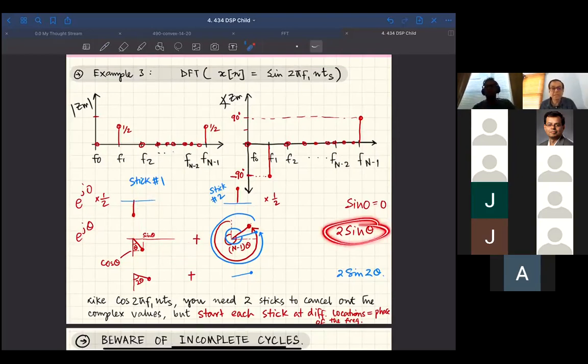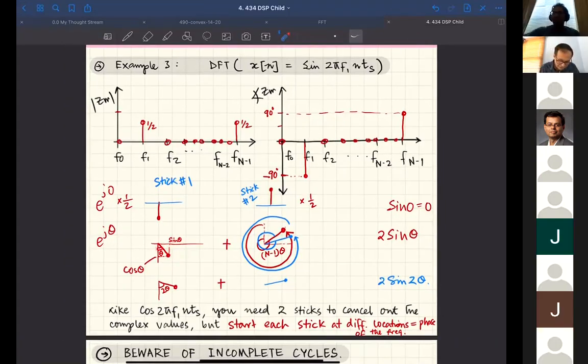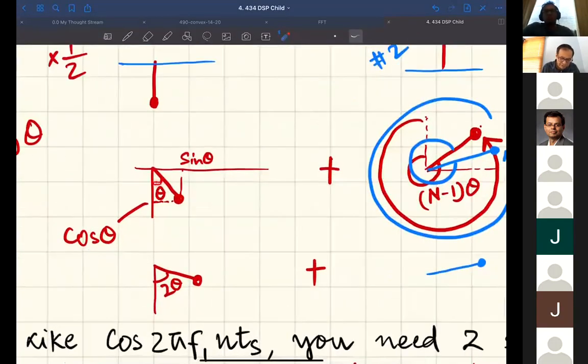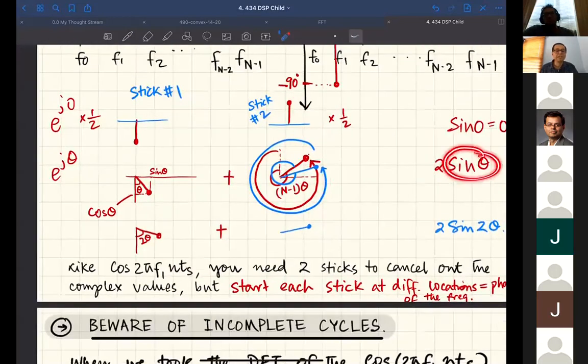We want to make sine theta, real sine theta, right? So if you have a stick over here, the x-axis projection, the x-axis shadow of that stick, what value will that be? If this is theta, the x-axis shadow will be sine theta, right? So this will correspond to what we need.